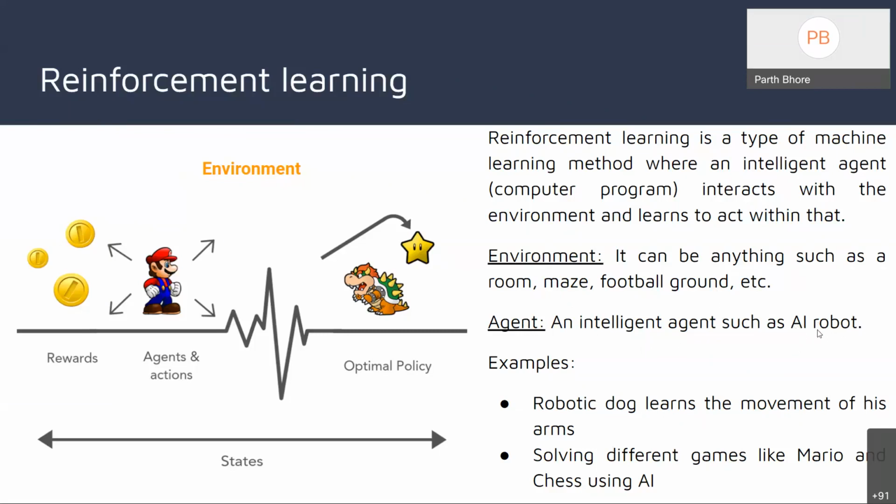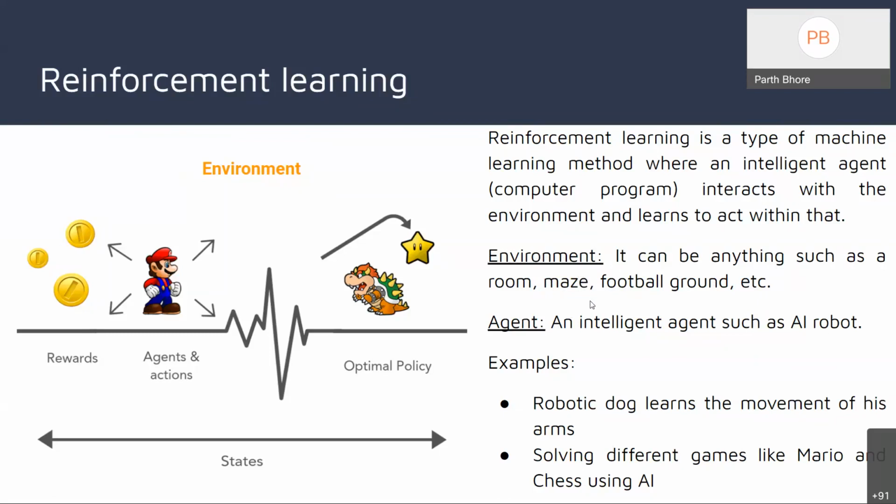Wherever the robot is present, such as in a room, a football ground, or a maze. If you want to make a maze solver, then the environment will be a maze. If you want to teach the robot football, then it will be a football ground. Like that, there will be an agent and an environment.